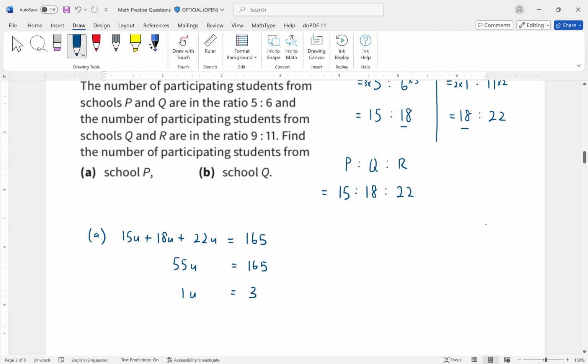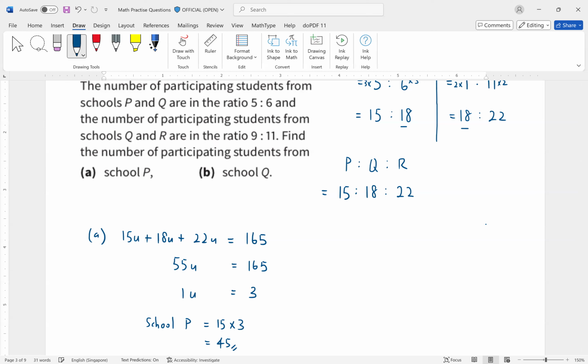From here it will be very easy to find the number of participating students in school P. School P will be 15 units times 3, since each unit represents 3, so 45 students.